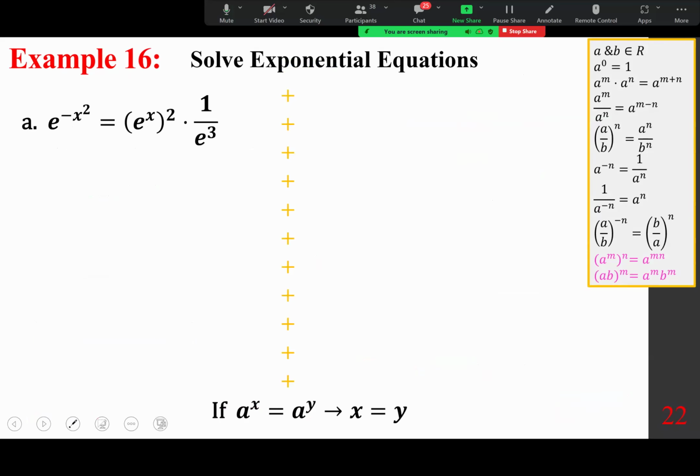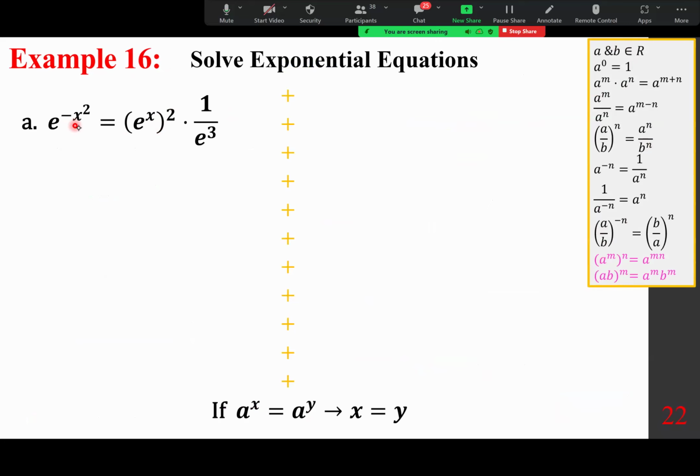We want to solve this exponential equation. E to the power of minus x squared is e to the power of x to the second power times 1 over e cubed. All we have to do is combine them such that it becomes doable. This is e to the power of minus x squared, something with the base e.